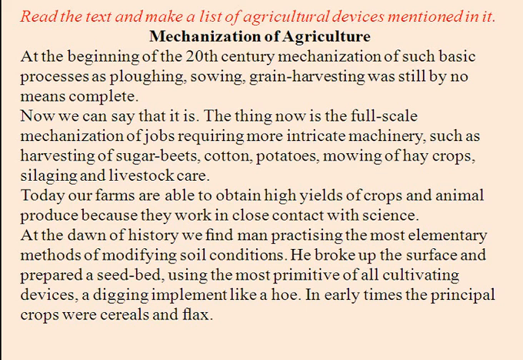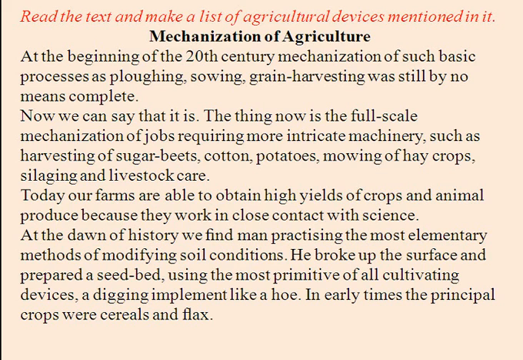At the beginning of the 20th century, mechanization of such basic processes as ploughing, sowing, and grain harvesting was still by no means complete. The thing now is the full-scale mechanization of jobs requiring more intricate machinery, such as harvesting of sugar beets, cotton, potatoes, mowing of hay crops, silaging, and livestock care.